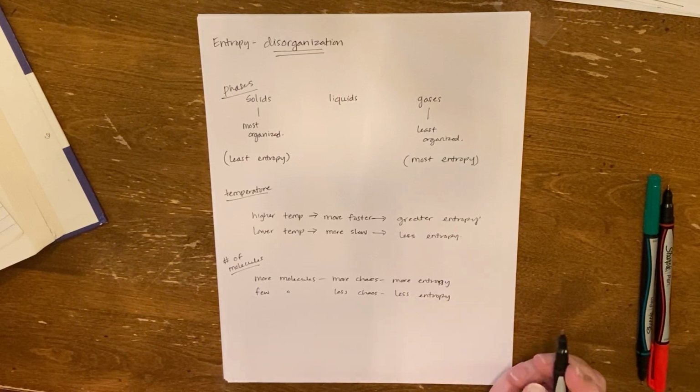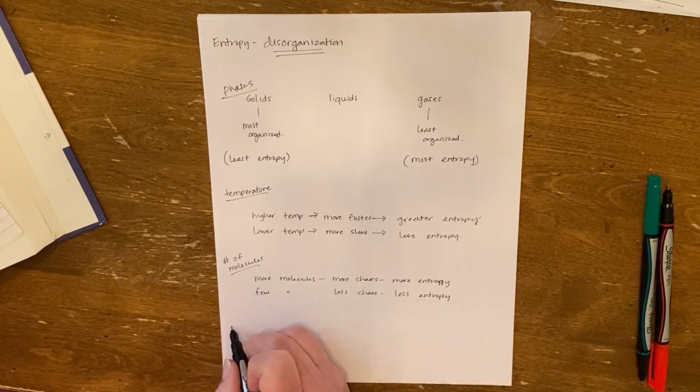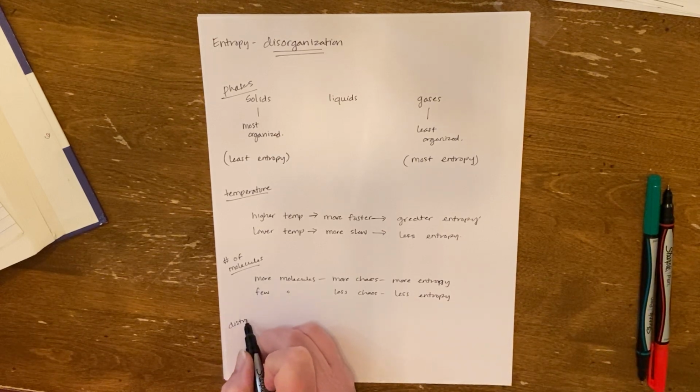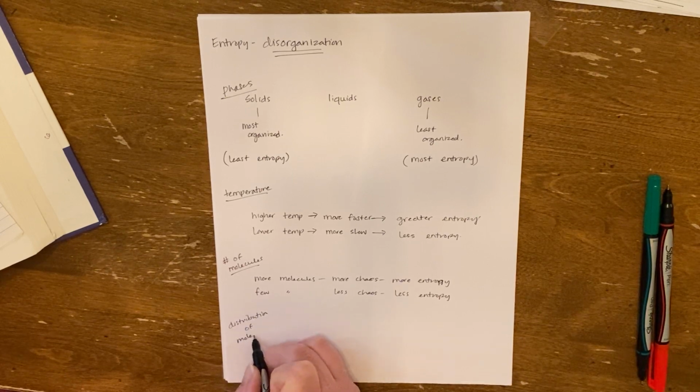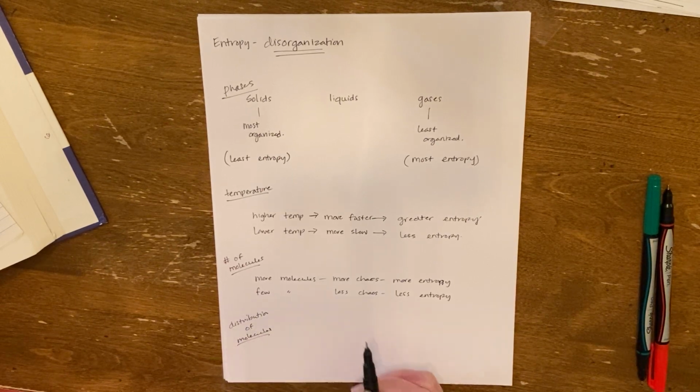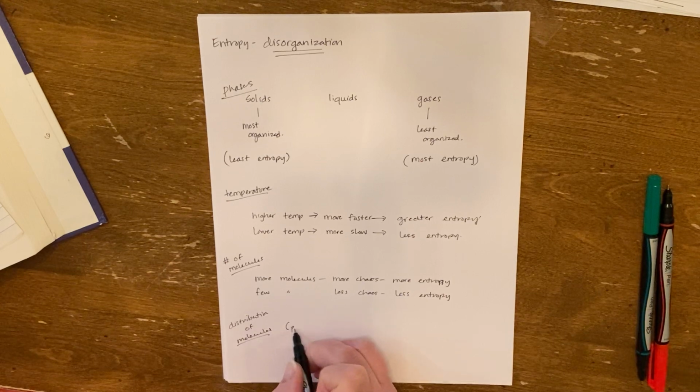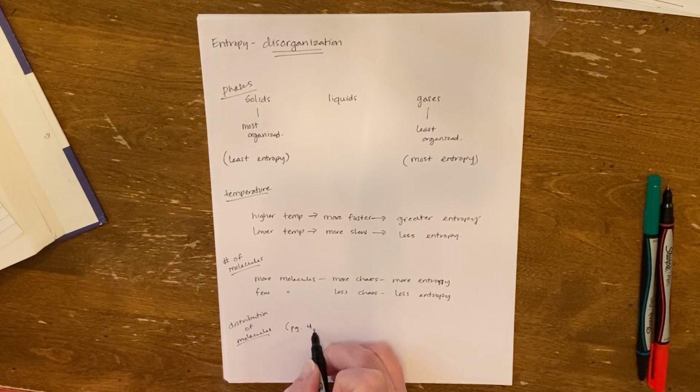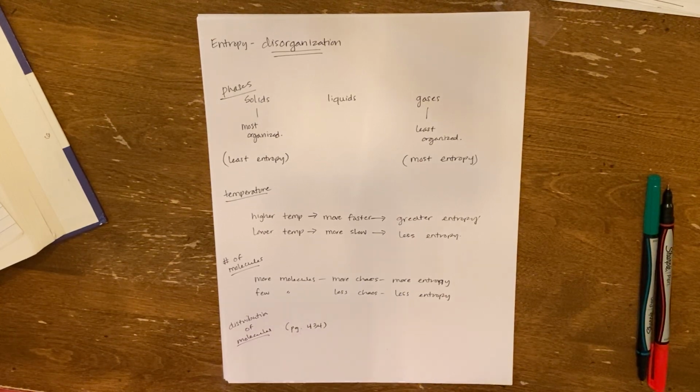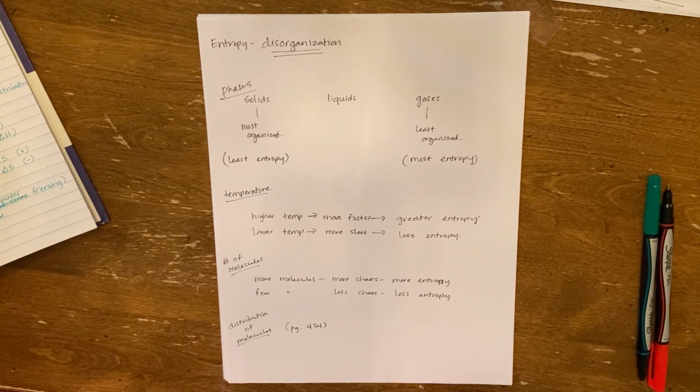Okay, and then finally we can talk even about the distribution of molecules. And for this, you can refer to the picture on page 434 because it shows it pretty well. There's two containers that are identical.